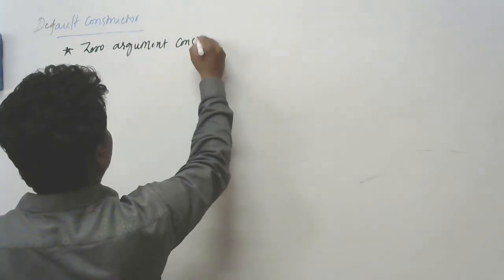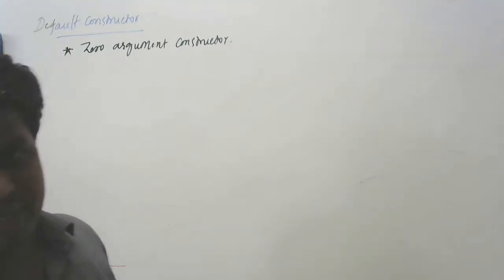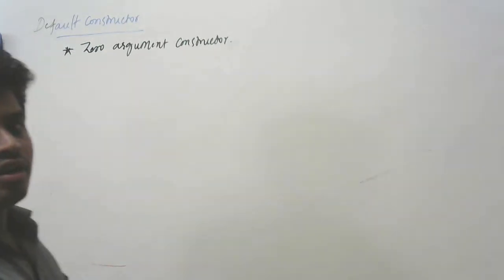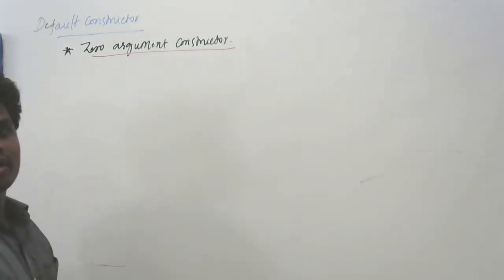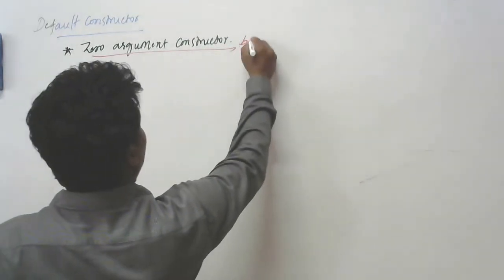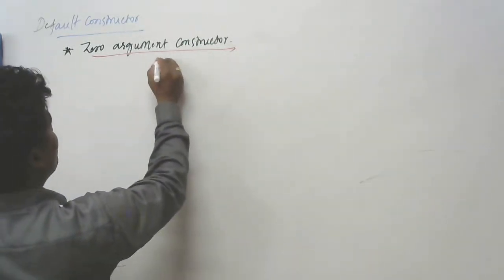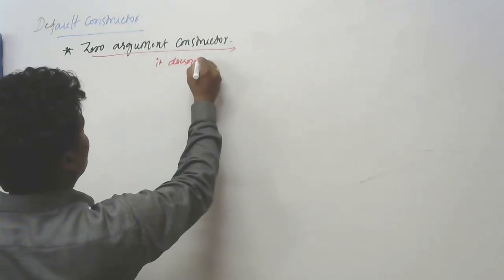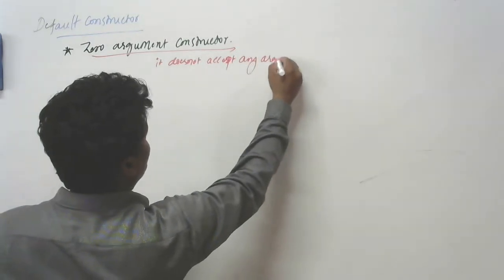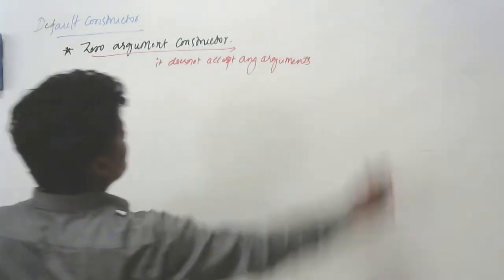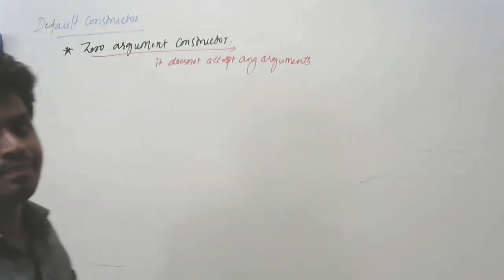If anybody asks what is another name of default constructor, tell them it is also called as zero argument constructor. Why do we call it a zero argument constructor? Because it does not accept any argument or arguments.